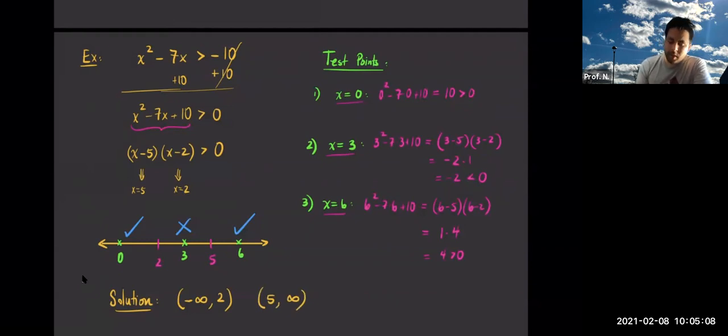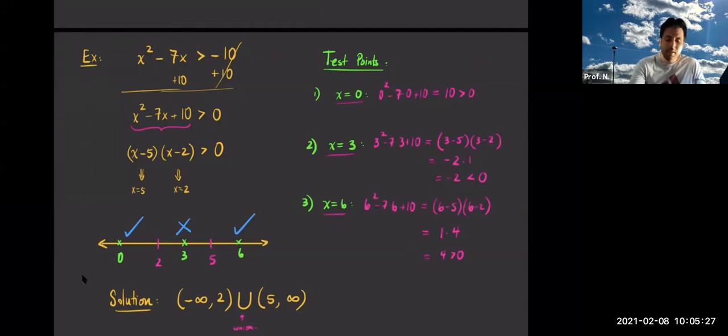And what we do with this, we normally put this U symbol inside. This U symbol represents what's called the union. So you're just putting them together, saying that it's negative infinity to 2, and 5 to infinity.